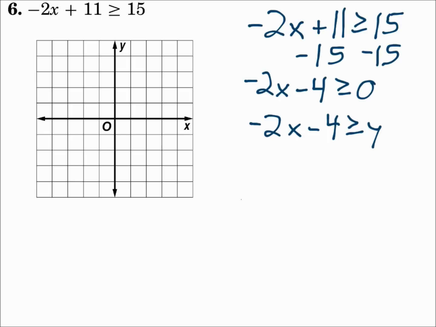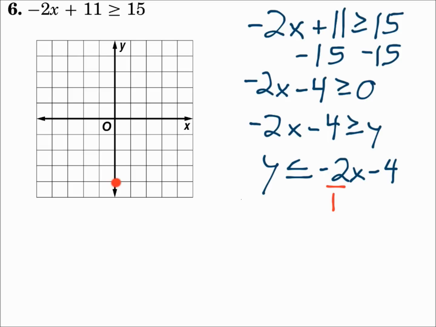Now graph. Turn that around so the y is on the left. The mouth was open to -2x minus 4. The mouth should still be open to -2x minus 4. Graph the y-intercept at -4. And the slope is -2, which you can put over 1.